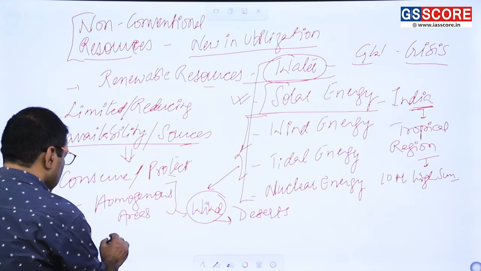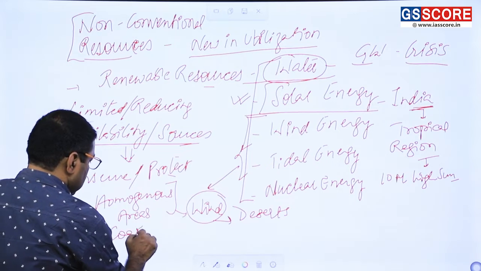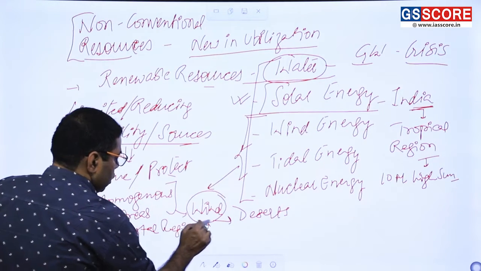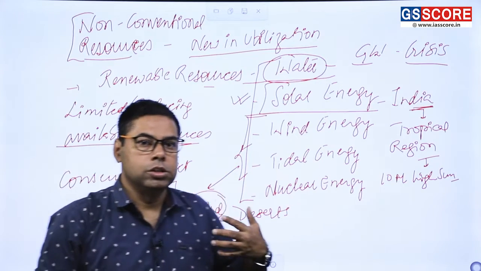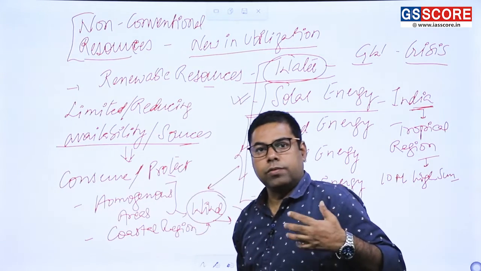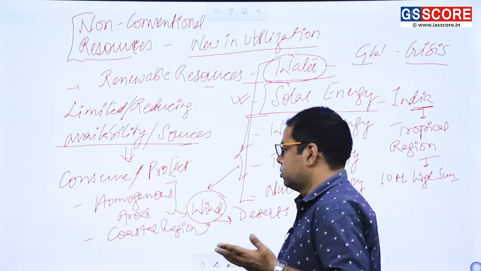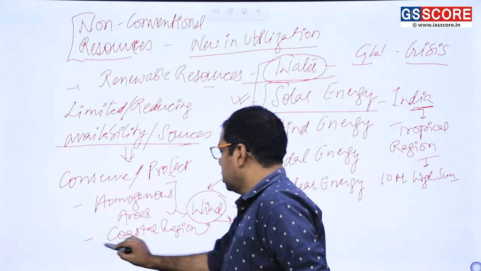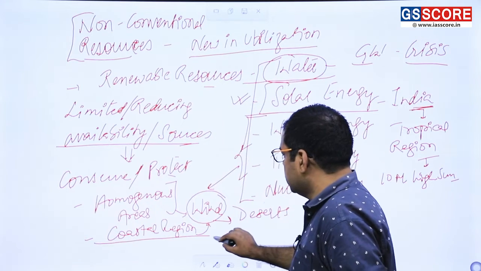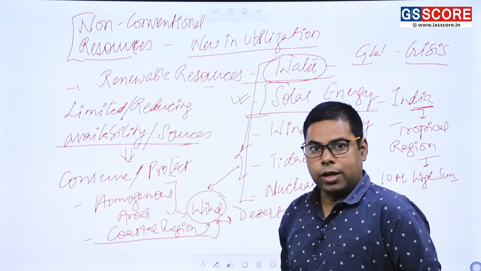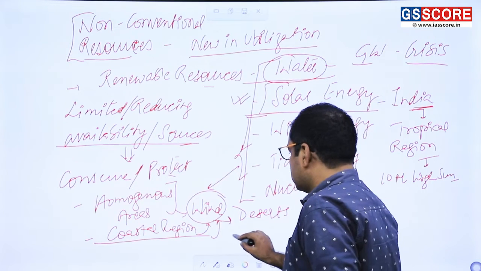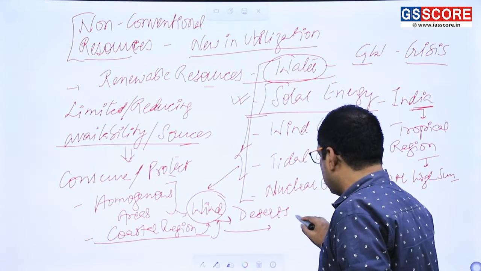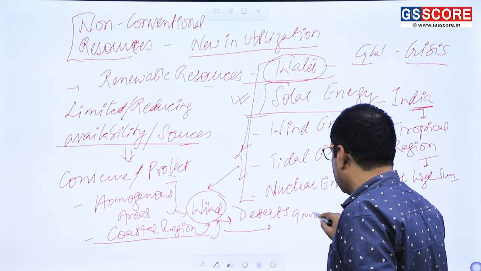Then after, the coastal region. Wind is always blowing from the sea to land and land to sea. You must be knowing the land breeze, sea breeze concept. So the coastal region has huge potential of wind energy. Some parts of India also have the prevalence of monsoon for 9 months.